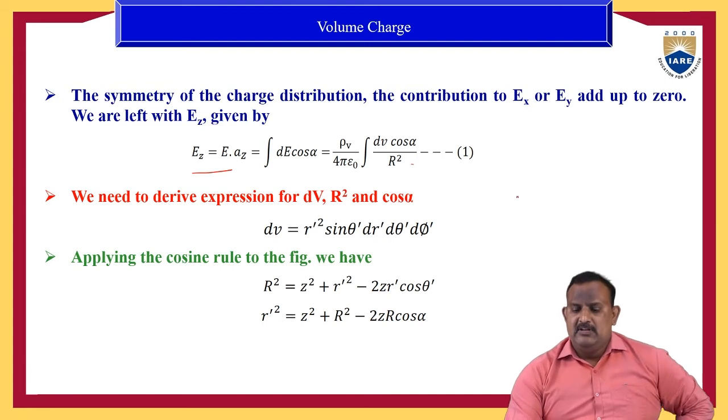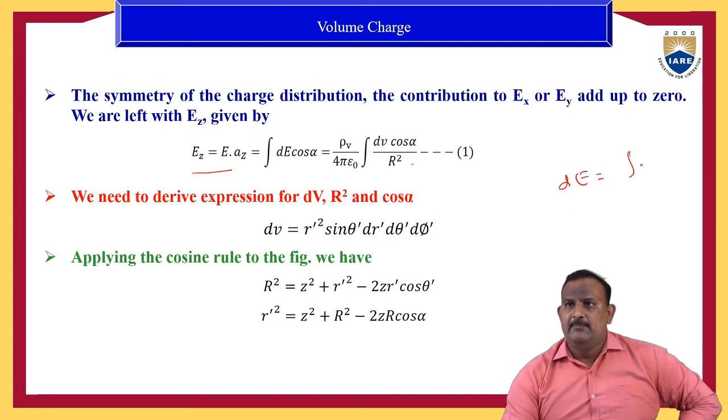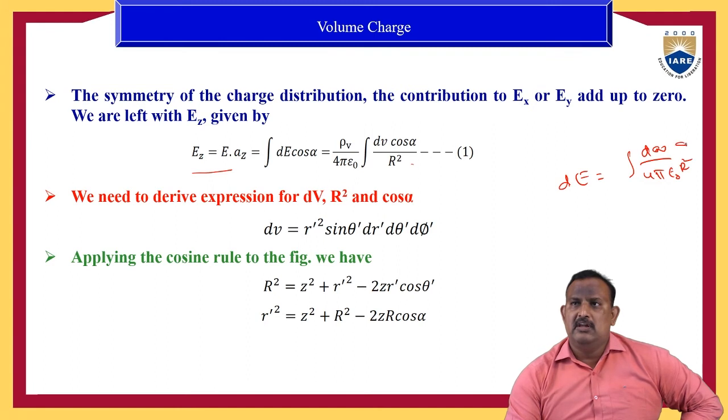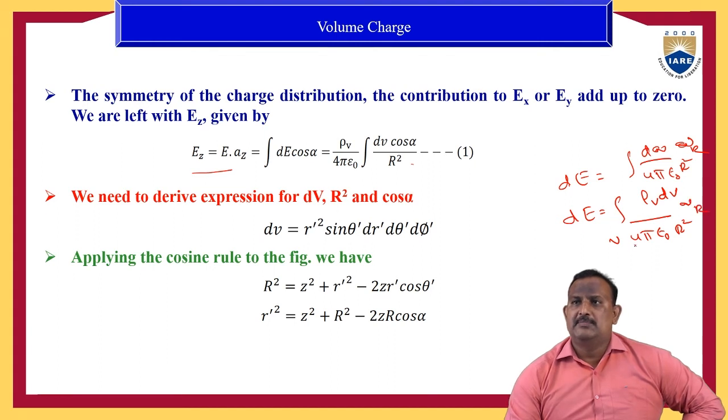Because we have the formula dE is equal to the integral dQ by 4 pi epsilon naught r square into AR, or we can write dE as a volume integral, in place of dQ we write rho v dV by 4 pi epsilon naught r square into AR.